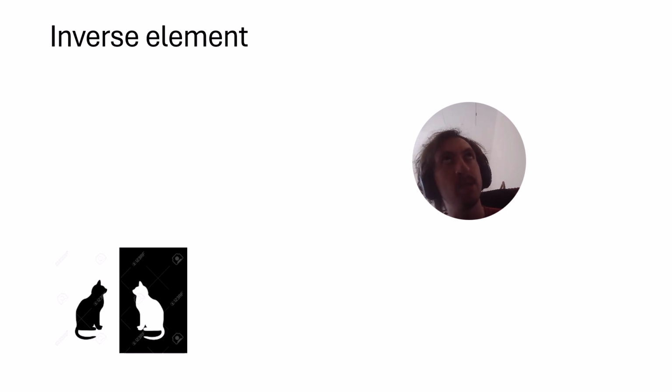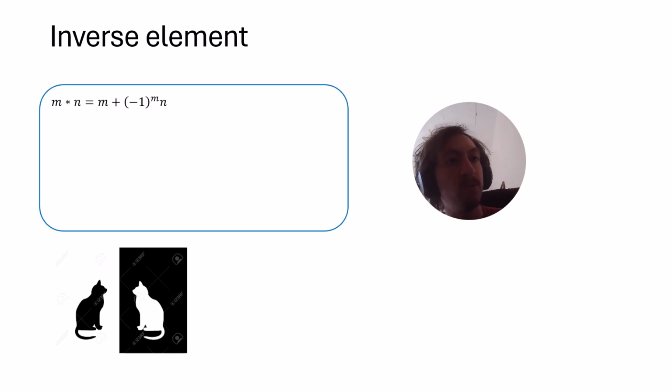We're going to take what we learnt about the identity element and use that to show that each element of a group G has an inverse g to the -1, which is also in the group. So here is our binary operation defined in terms of elements m and n.